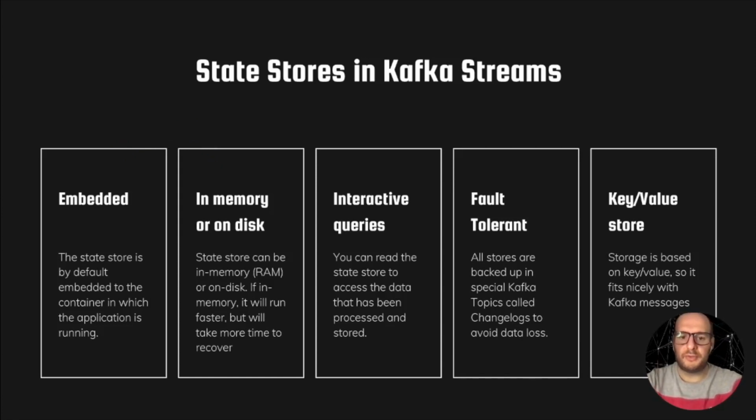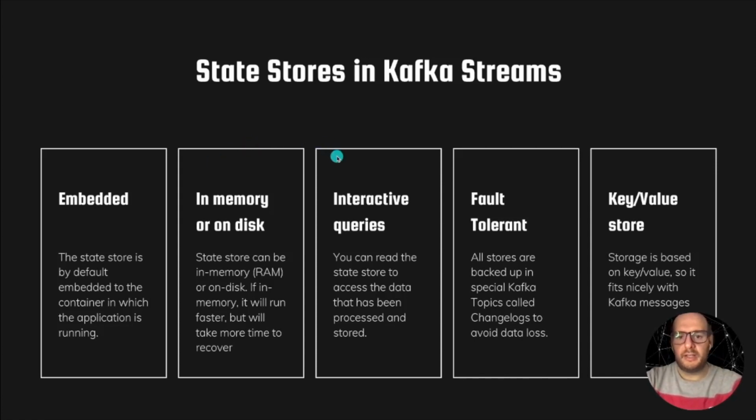If you choose to use it in memory, then it will be faster to process. But in cases of failure, where you have to reload the previous state, it will have to reload the state from Kafka. And that would take much more time than if it was stored in the disk. So usually using the disk is the best approach in these cases.